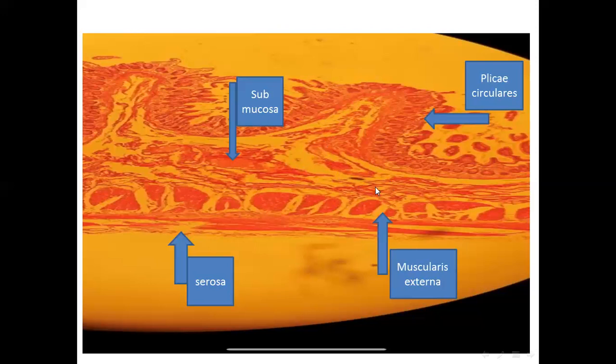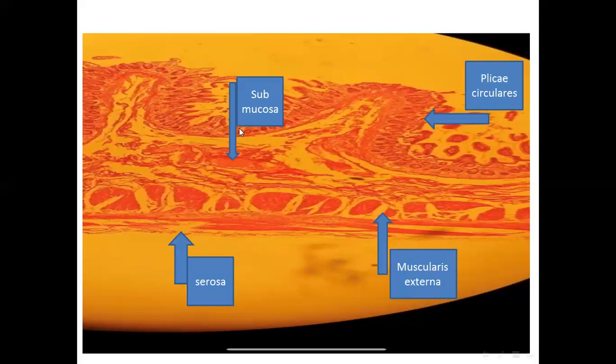So it's including both submucosa and mucosa. تمام. زين، بعدها الماسكولاريس، هذا منا لحد هنا هي الماسكولاريس اكسترنا. واخر شيء هذه thin pale layer، هذه هي represented the layer of serosa.